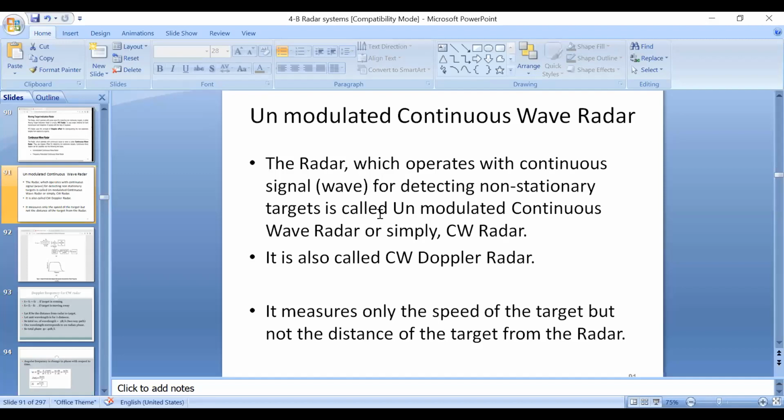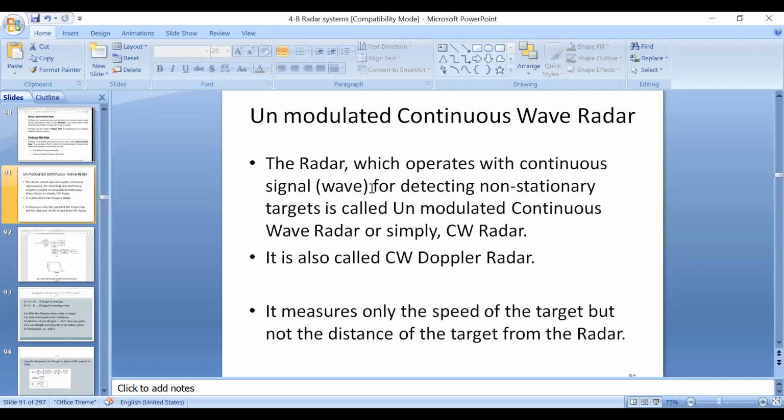In pulse radars, the basic pulse radar is used to detect stationary targets, and the moving target indication radar is used to indicate the moving targets. But coming to continuous wave radar, both the unmodulated continuous wave radar as well as the frequency modulated continuous wave radar are used to detect the moving targets only, non-stationary targets only.